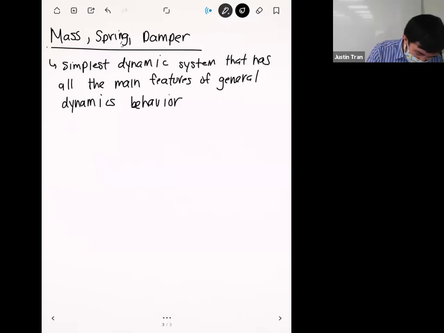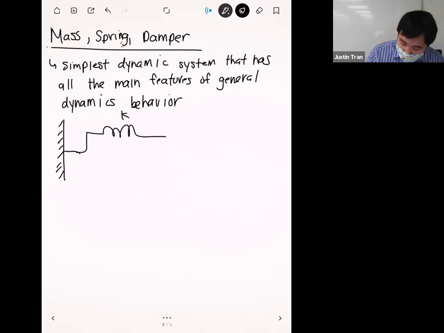The mass spring damper consists of just a mass, a spring, and a damper. There are lots of ways to draw it, but this is probably my favorite way to visualize it. On one hand, you have a spring, and the spring has a spring constant K.